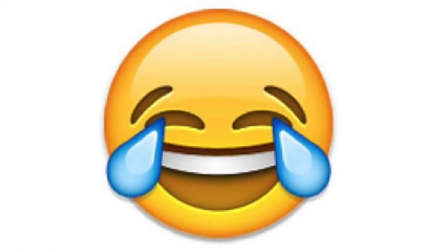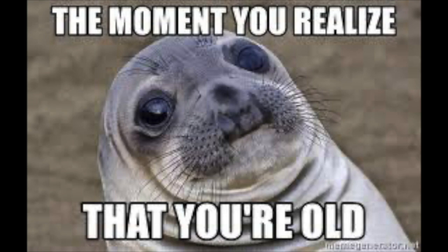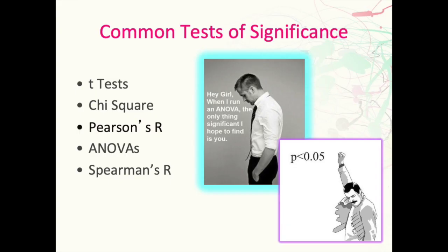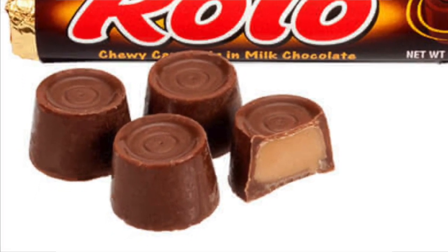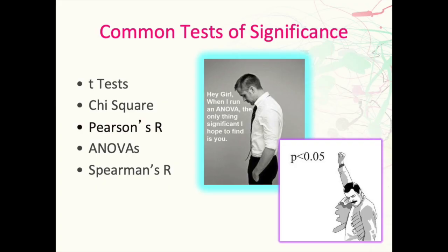And the vast majority of people preferred Rolos over the other options. Then we would have a significant difference between what we expected to get, which would be, out of 100 people and 4 options, 25 people choosing Rolos. But if 75 people chose Rolos, then we would have a significant difference between what we expected to get and what we actually got.